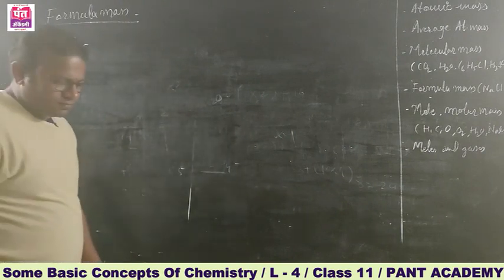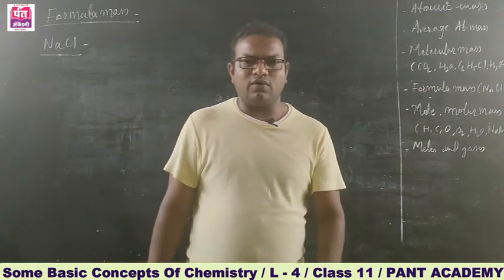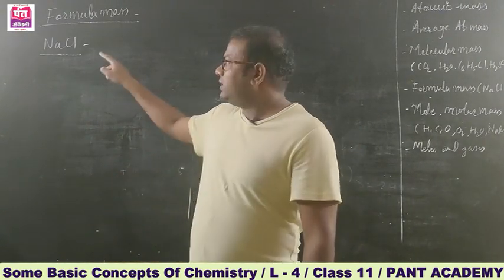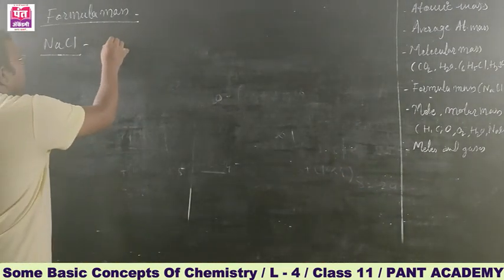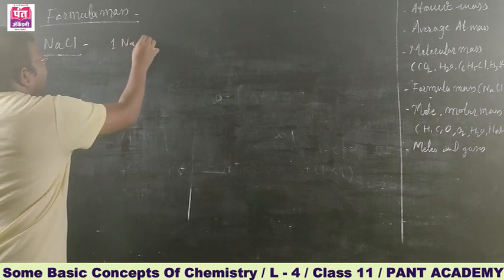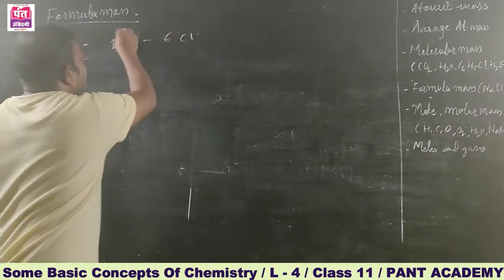There are some solids which are present in the crystal form. NaCl. Here one sodium is there and it is surrounded by 6 chlorine.